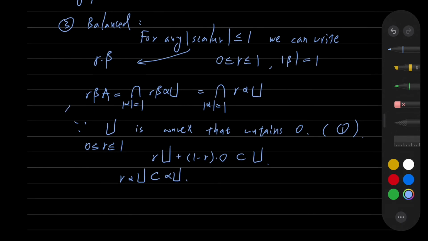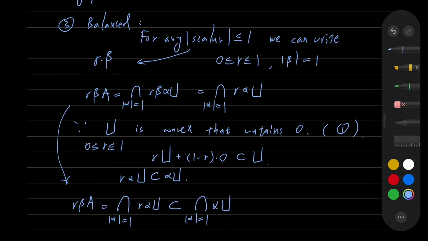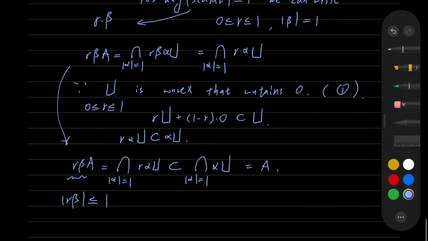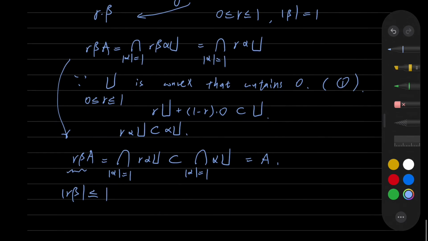So the final step here is that we can actually absorb r at the very last step, and it is contained in alpha U, which is A again, because r beta is an arbitrary constant that is smaller than 1. We prove that A itself is actually balanced.